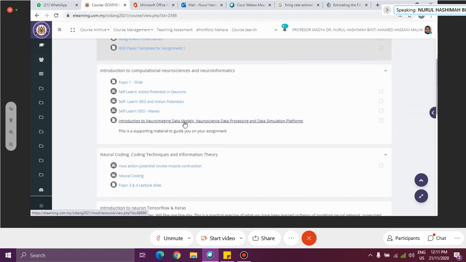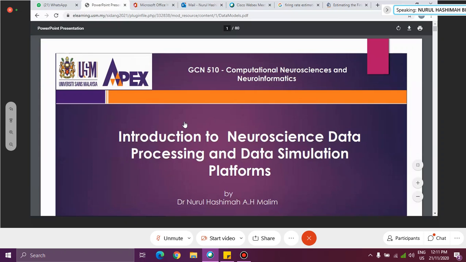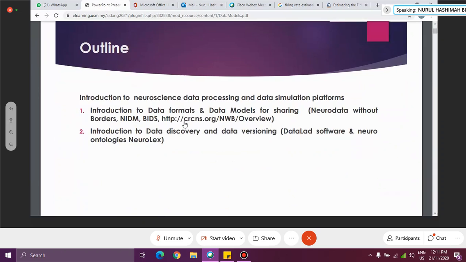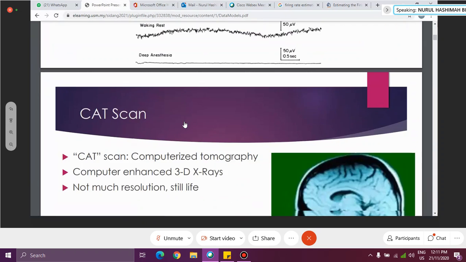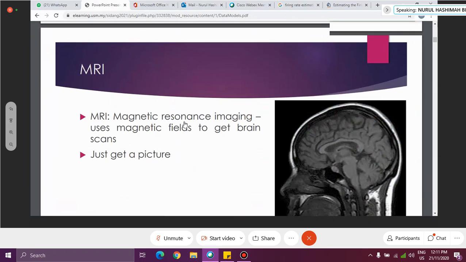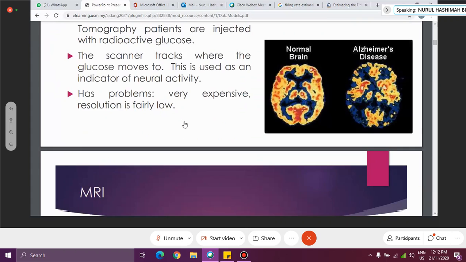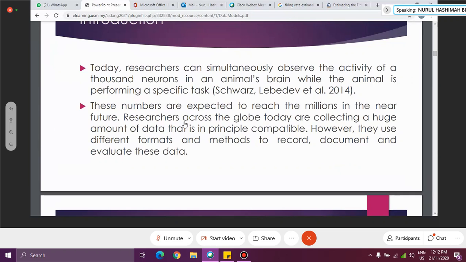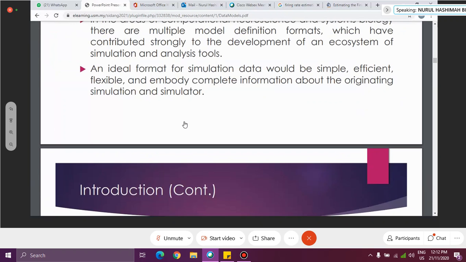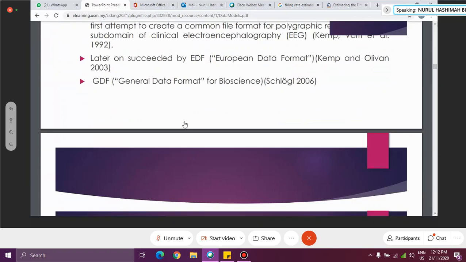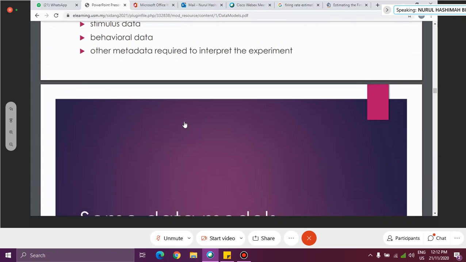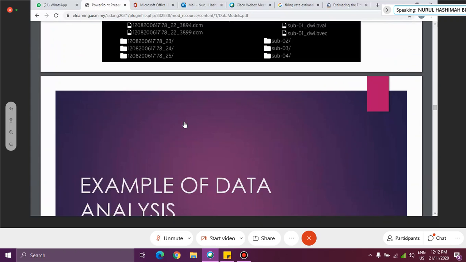Tapi since I've made it as your assignment, I provide this slide for you guys to use as a guideline. If you don't understand the assignment, you can refer to these slides. So we have data formats, data model, and then we have analysis method. You can go through, and this is your supporting material for your assignment. Okay.